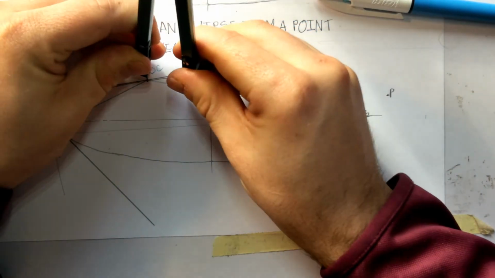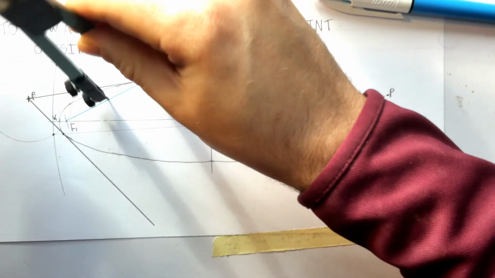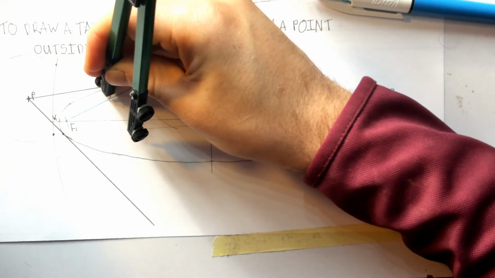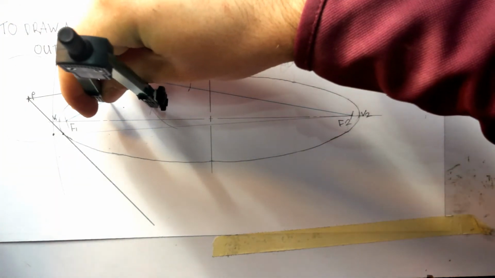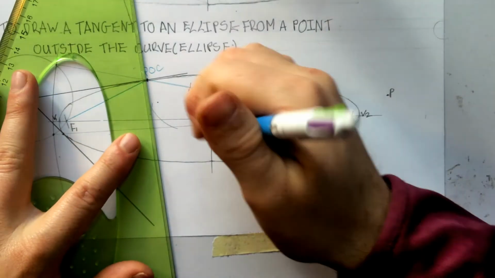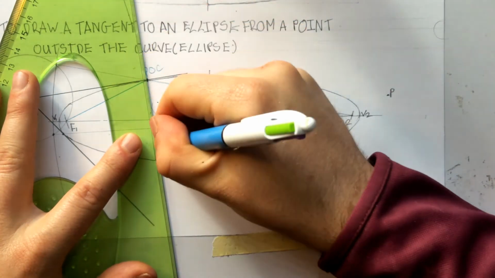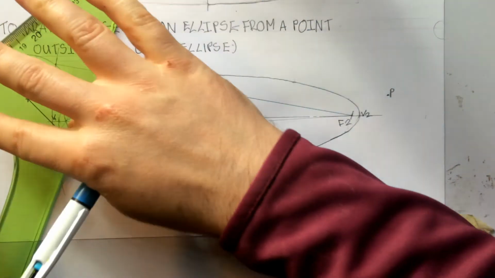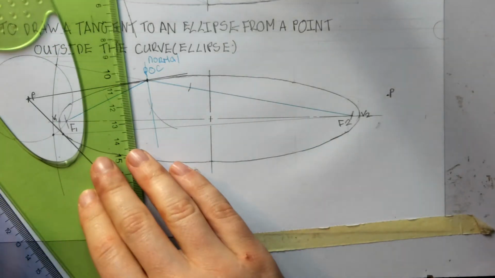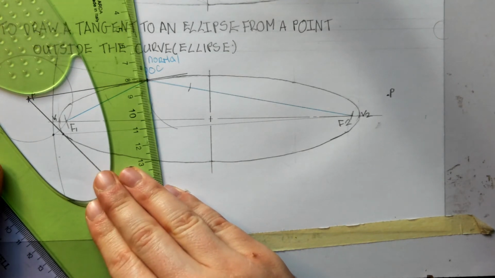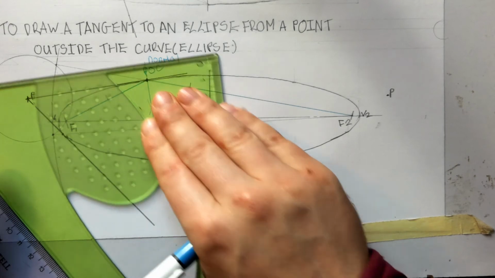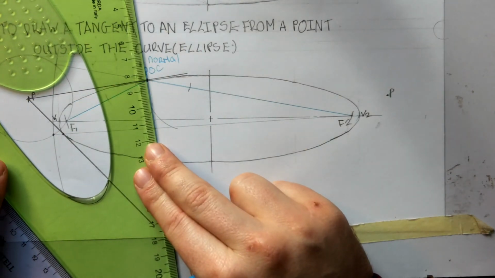Bisect the angle. So there'd be your normal. And you could line it up there. And there'd be your tangent there against that edge there.